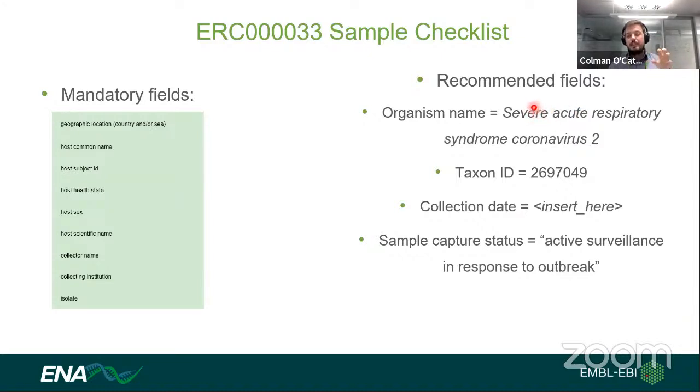Now, there are some fields that aren't actually mandatory, but we strongly recommend that you add to this sample when you're registering it, such as the organism scientific name, severe acute respiratory syndrome coronavirus 2, the taxon ID, as per the NCBI taxonomy, the collection date of when the sample was actually collected, and this field sample capture status, which we've set as a controlled field anyway.